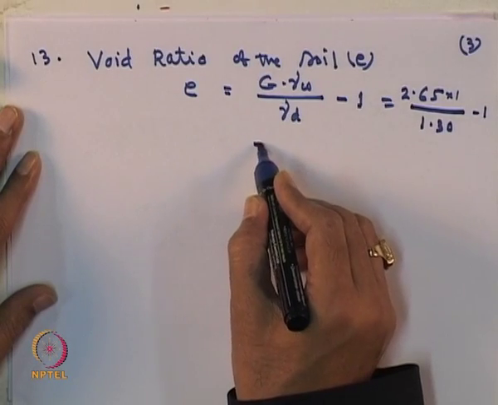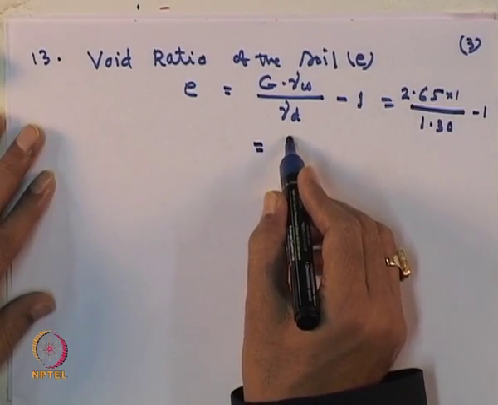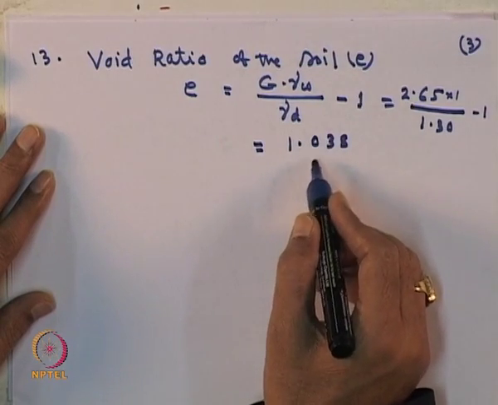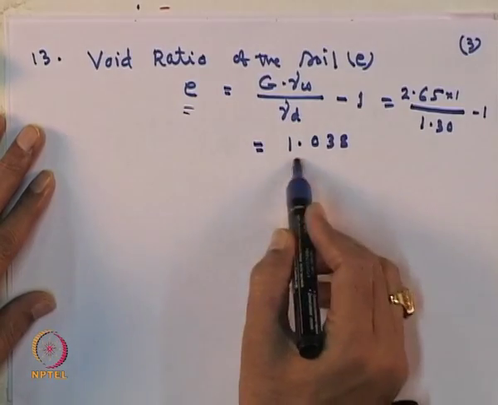So, this will give you about 1.038. This is the void ratio, 1.038.